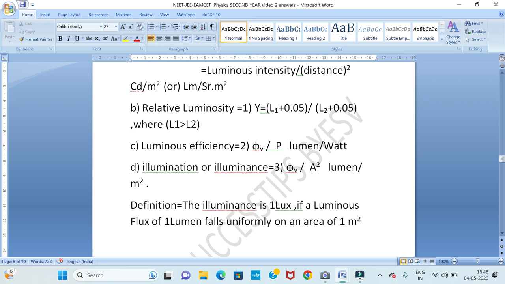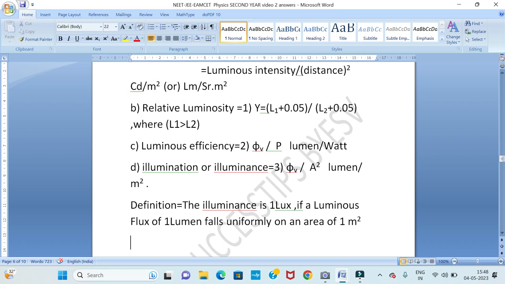Illumination or illuminance is phi_V by area square. The difference between luminous efficiency and illumination is only the denominator.